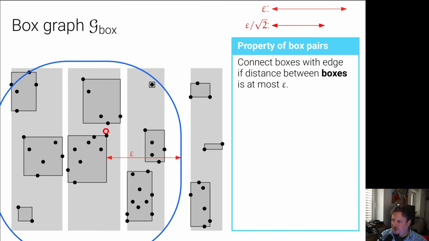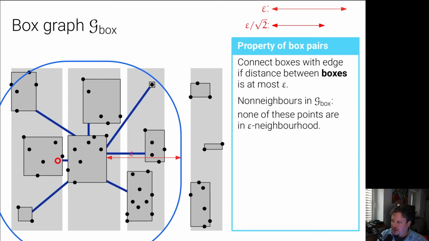And here, according to the corner of the box, this is a circular arc. So anything within this blue boundary are things that have distance at most epsilon to this box. So now all of the boxes that are in this area are going to be neighbors of this box. I've drawn it with these dark blue lines over here.